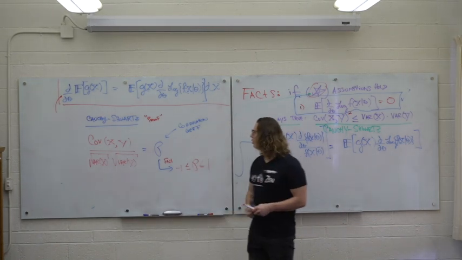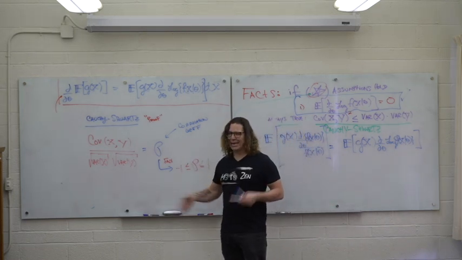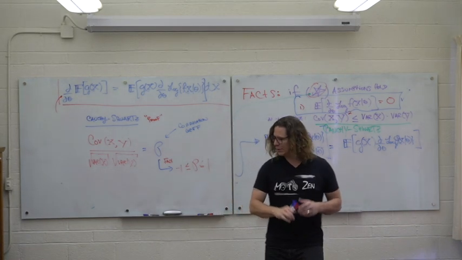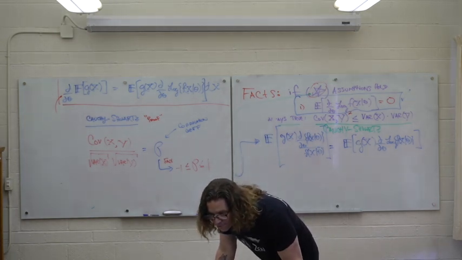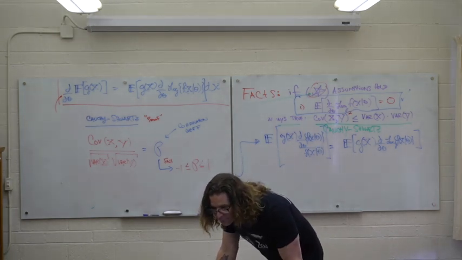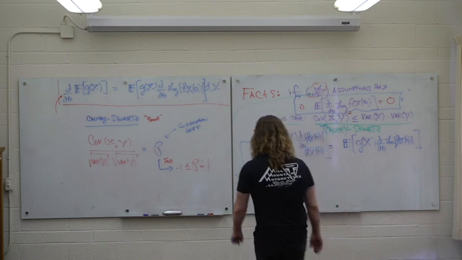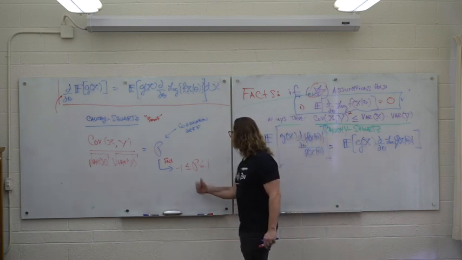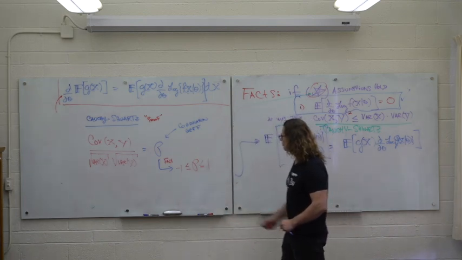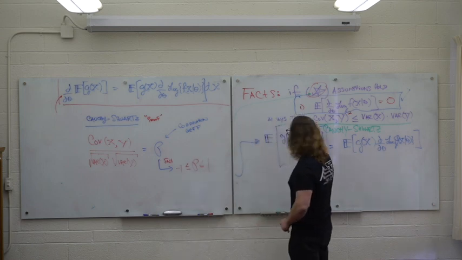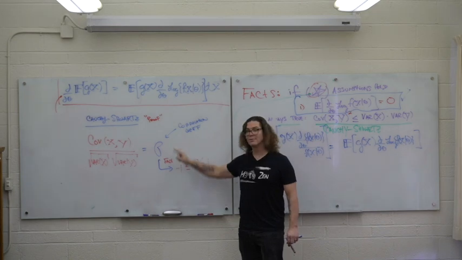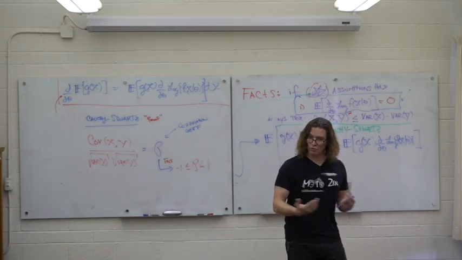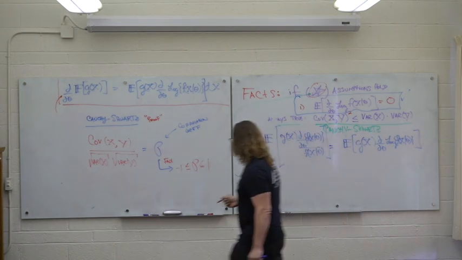Okay, so correlation coefficient. From that, if you know what correlation is, and you've already convinced yourself of this, then you already knew Cauchy-Schwarz. The difference between this and that is simply squaring both sides, which I can do.